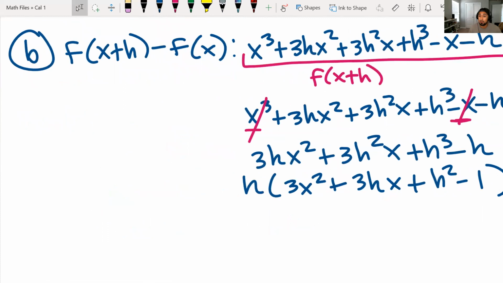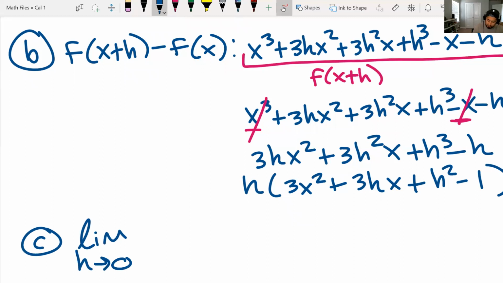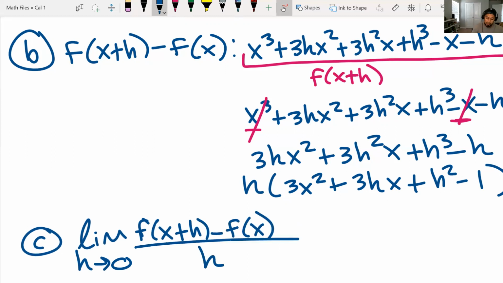And that ends step B. Now let's move on to step C. Let's put it all together. Step C. We want the limit as h approaches 0 of f of x plus h minus f of x all over h.